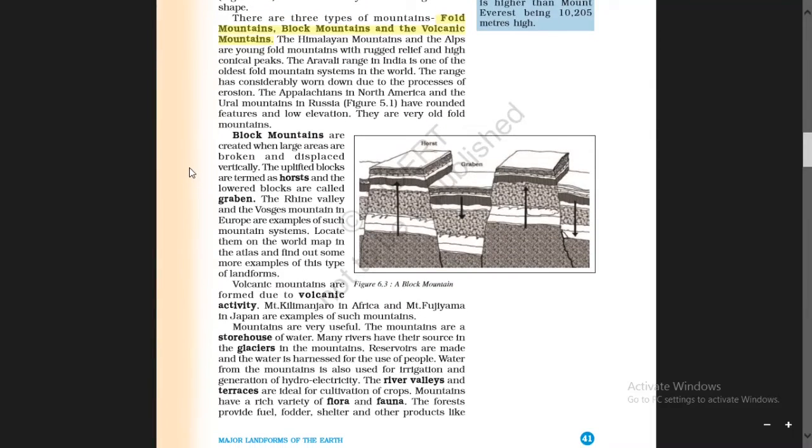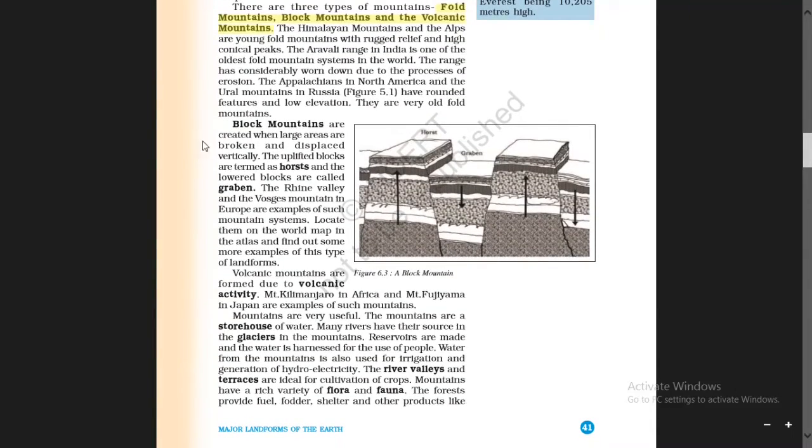But in your higher classes, you will learn how these Himalayas were formed, and this Himalaya mountain is a young fold mountain with rugged relief and high conical peaks.